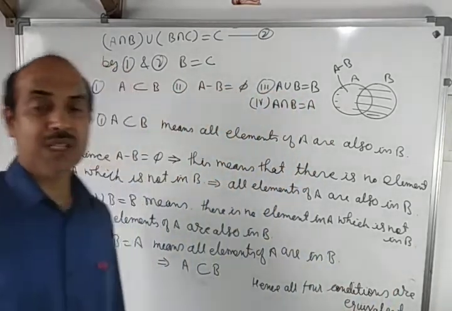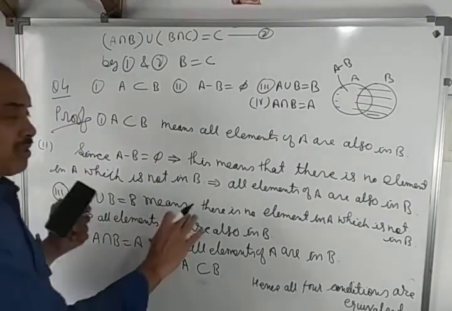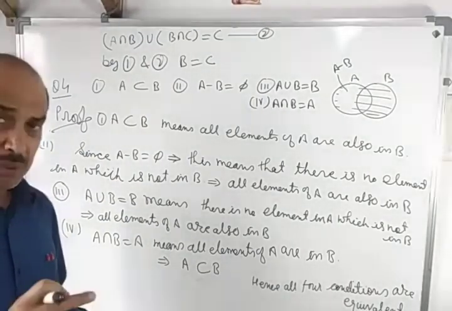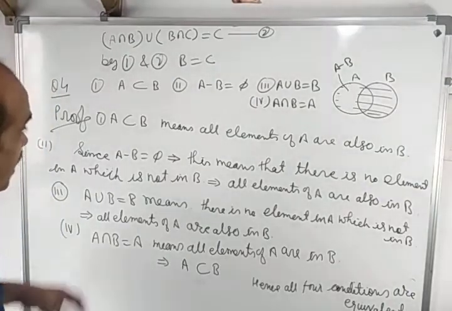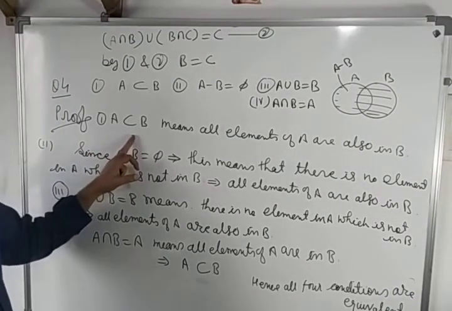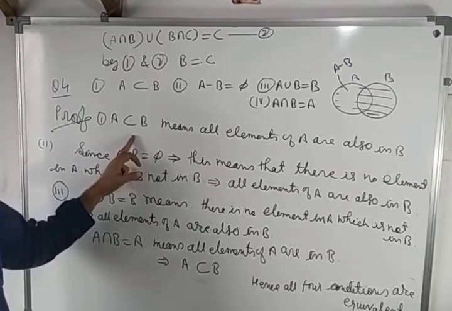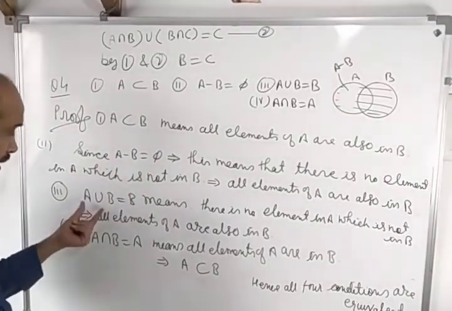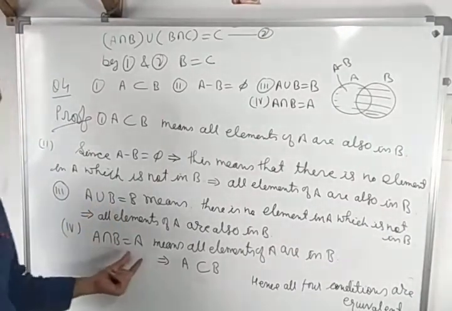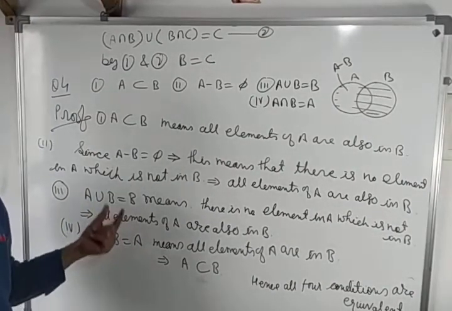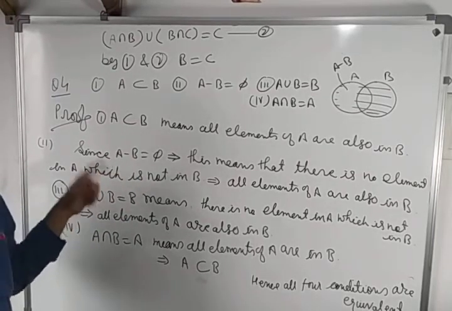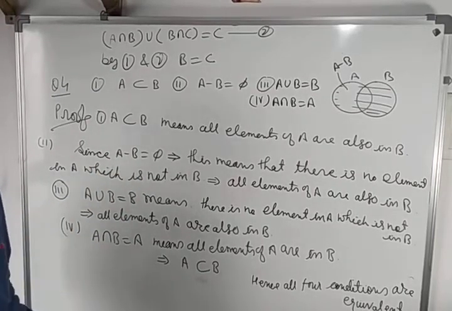This is the way to write the answer. Little explanation must be there for each part. But at last you must remember that A subset of B can also be means A minus B is ∅, their union is B and their intersection is A. All three are conveying same, so they all four are similar to each other.